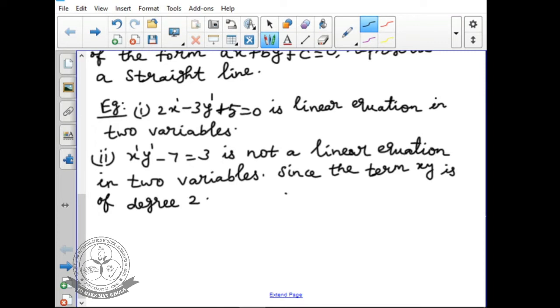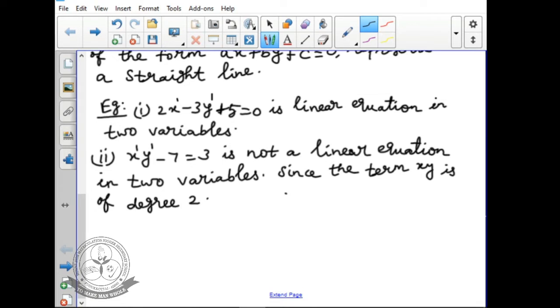Any first degree equation containing two variables x and y is called a linear equation in two variables. The form will be ax plus by plus c equal to 0, that represents a straight line. The example 2x minus 3y plus 5 is a linear equation in two variables because the degree of x is 1 and the degree of y is 1.